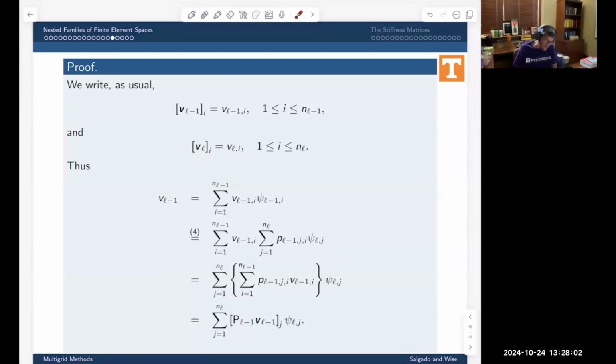All right. So now let's just use what we've defined already. v_{L-1} can be expressed in the basis of B_{L-1}, right? And there are its coordinates. But now we know that each one of these guys can be represented in the basis for V_L, namely B_L.